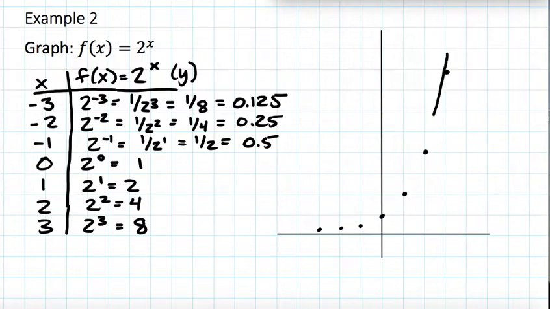So the shape of it kind of has an increasing curve, sort of similar to a parabola on one side, but then the other side kind of makes this almost flat line shape. So that's the graph of f of x equals 2 to the x.